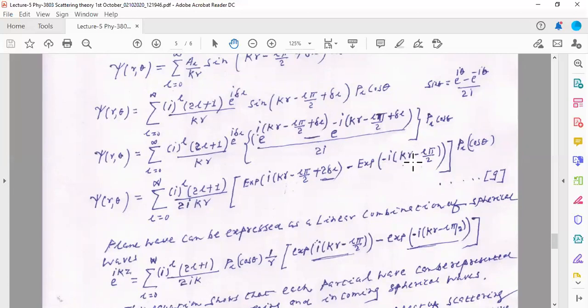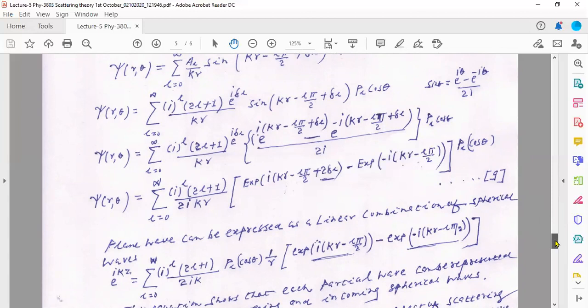Look at the phase of the outgoing wave. The outgoing wave is i kr minus i L pi by 2 plus 2i delta L. So this is the additional term, 2i delta L. So there is a change in phase of the outgoing wave.